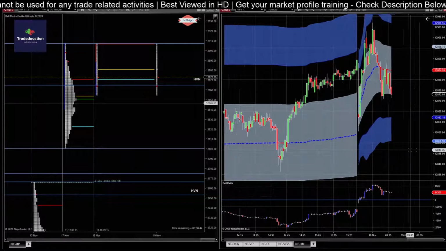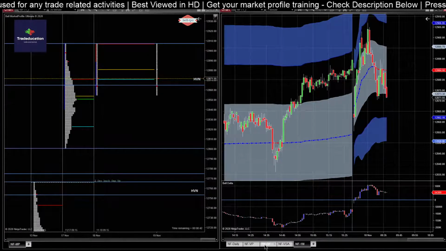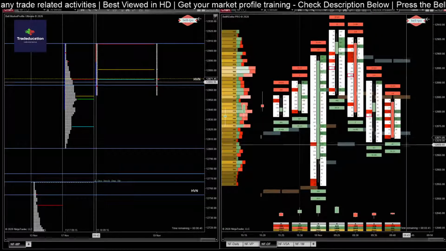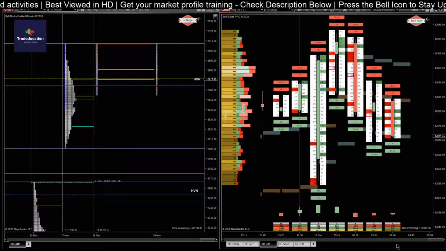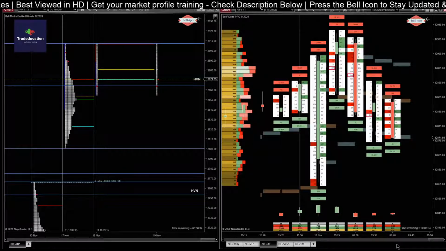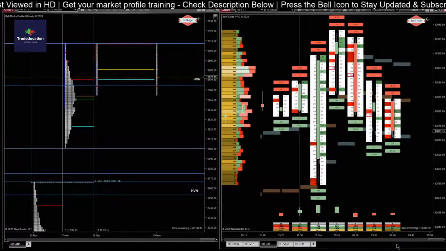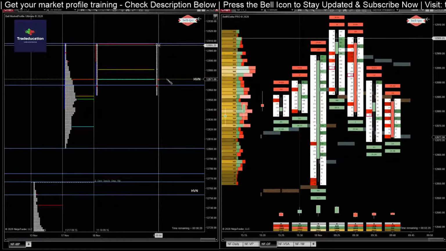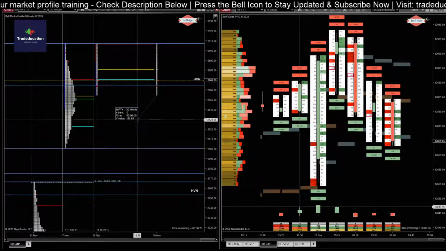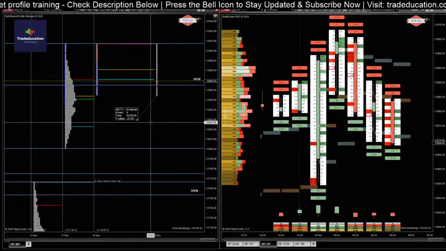Delta is unwinding, delta unwinding happening. Yeah, continuation from selling is seen. What is the current range? 51 points, not a big range.